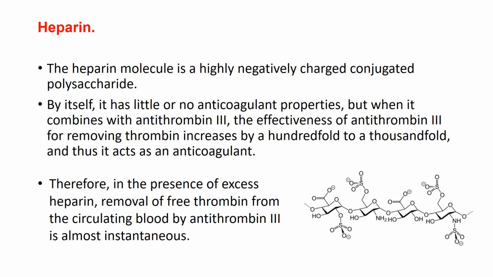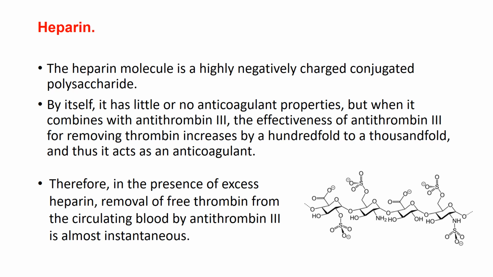Heparin. The heparin molecule is a highly negatively charged conjugated polysaccharide. By itself, it has little or no anticoagulant properties, but when it combines with antithrombin 3, the effectiveness of antithrombin 3 for removing thrombin increases by 100-fold to 1,000-fold, and thus it acts as an anticoagulant.